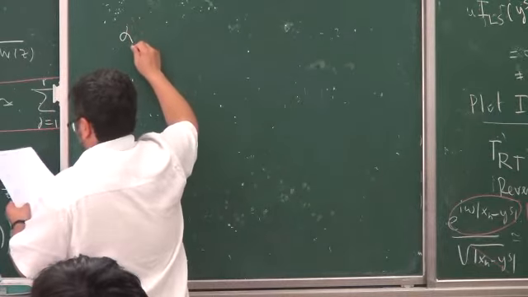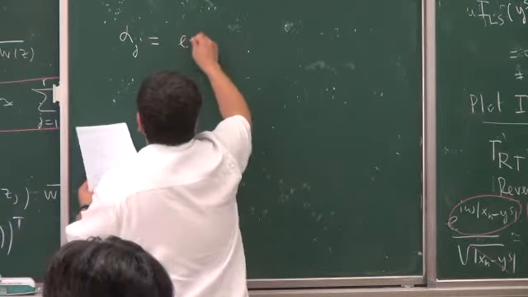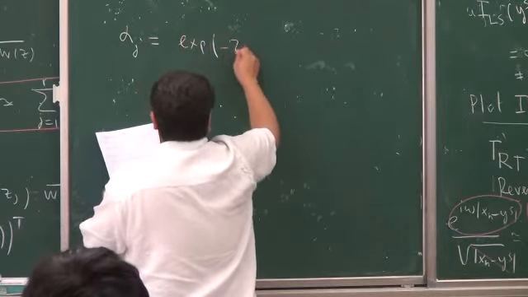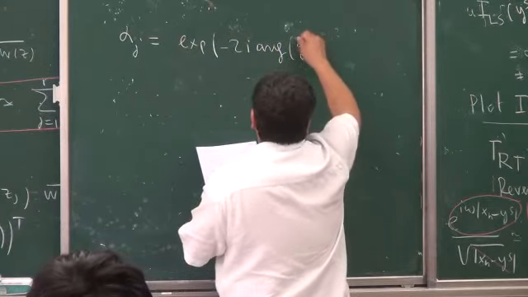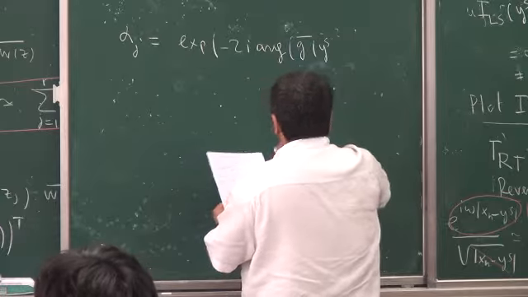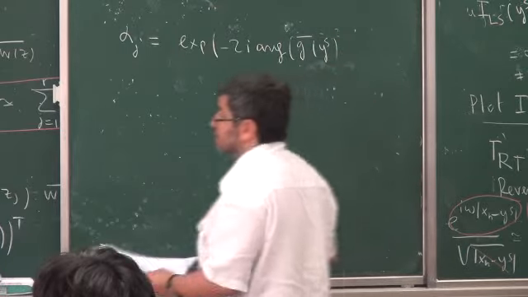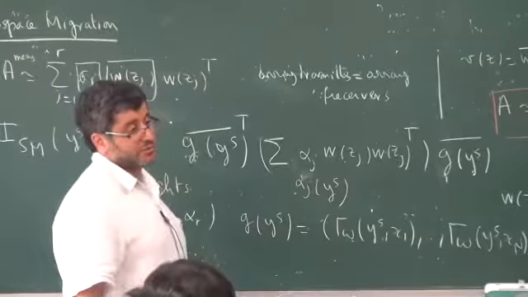They are complex, so alpha G is equal to exponential minus 2a, the argument between the Green function at YS. Actually, these gamma are constants, but you can make them depend on the search point.